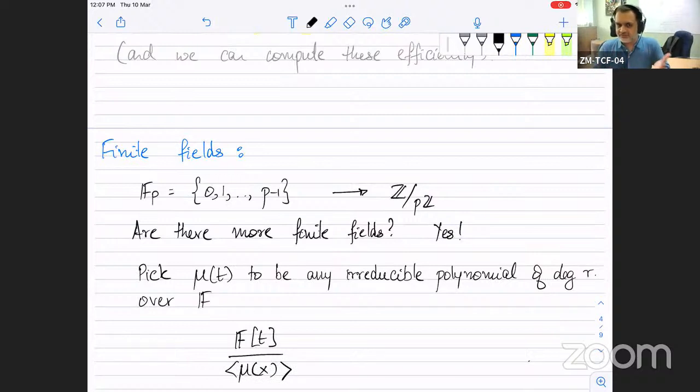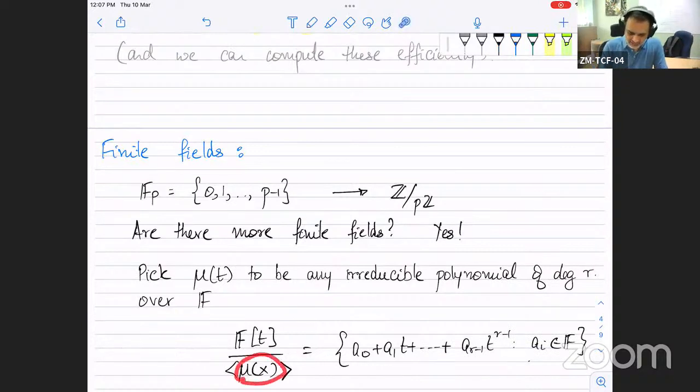This is something you're familiar with. The elements here are a0 plus a1 t plus, and so on, plus a_{r minus 1} t to the power r minus 1, where all of these a_i come from your base field. This is because we are saying that mu is equal to 0 in some way; think of mu as a relation.